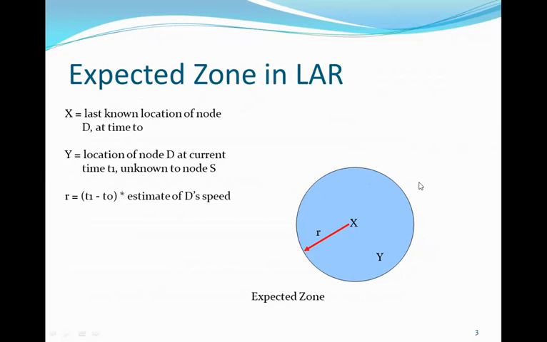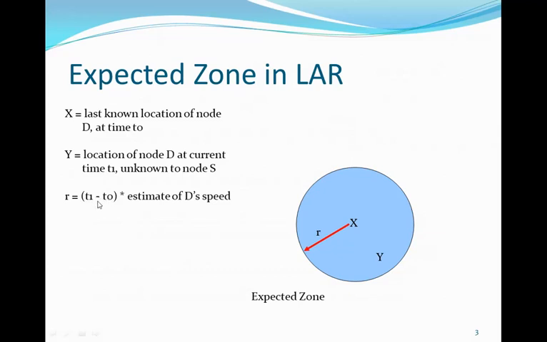So here you can see what R is, or how we can calculate it. R is the radius of the estimated zone for node D. And here is the formula. R is equal to (T1 minus T0) times the speed, where T1 is the time of the new location, and T0 is the time of the older location, at T0 where the node was.